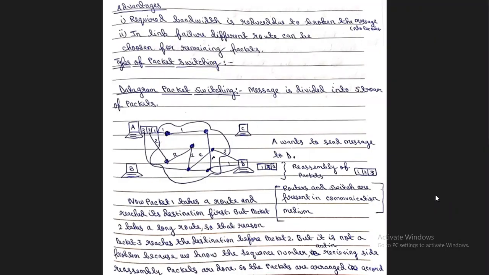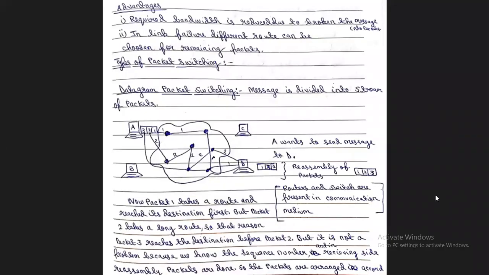In between, the third packet also started its journey, and it takes a shorter route than the second packet. So on the receiver side, the third packet reached first, but the second packet reached later. So the message sequence changed.